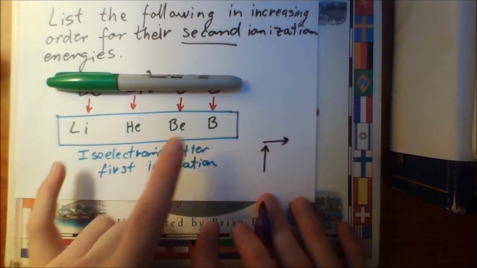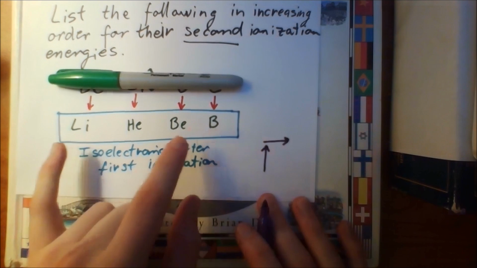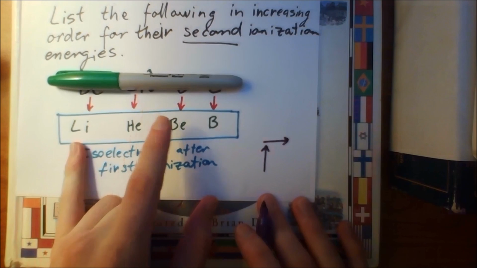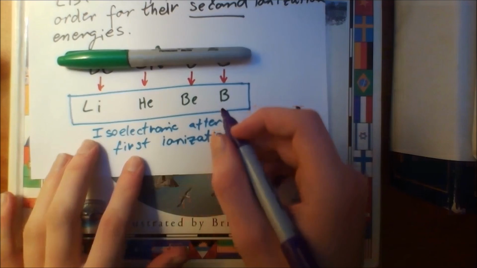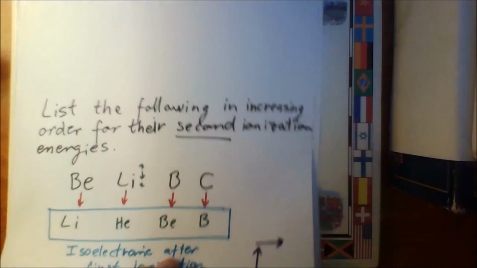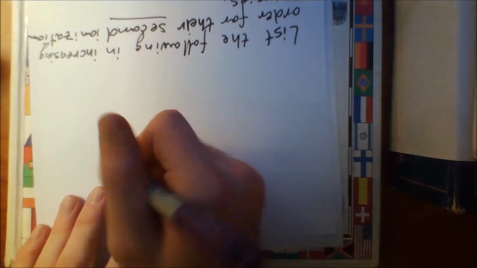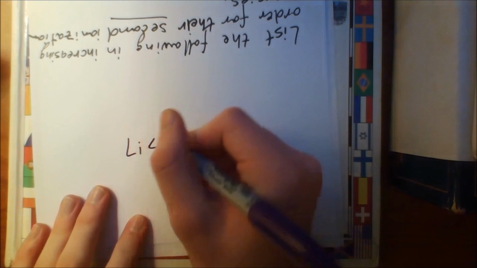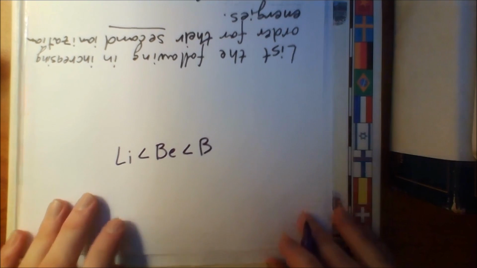So we would expect lithium to be less than beryllium, and beryllium to be less than boron. I'll write that over here.